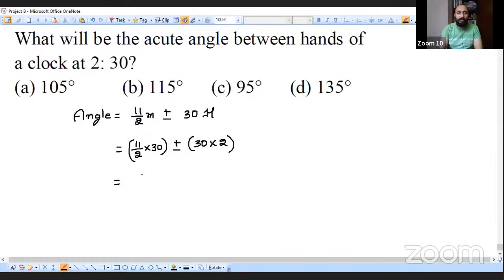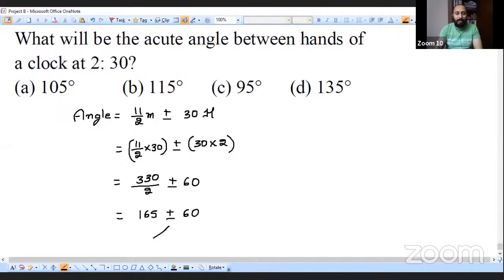So how much am I getting here? 330 divided by 2 plus or minus 60. What is 330 divided by 2? Yeah, 300 by 2 is 150, so that is 165. 165 plus or minus 60.